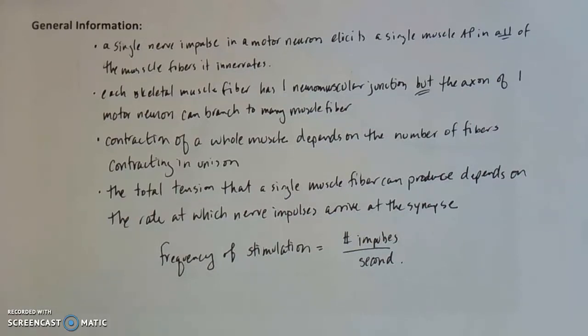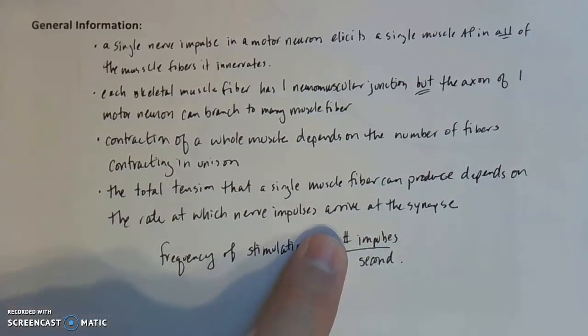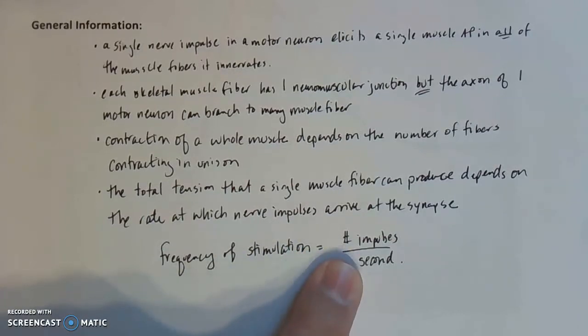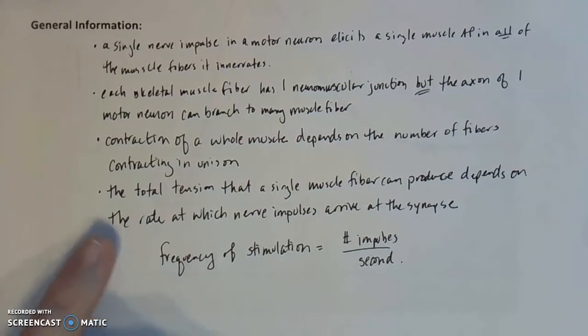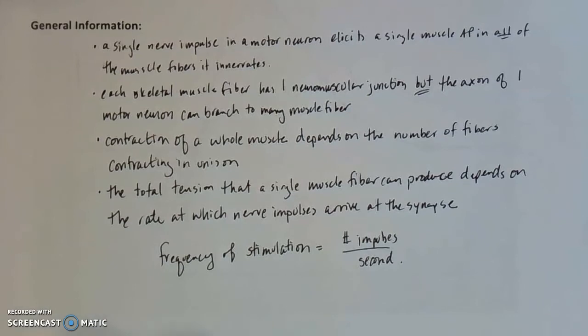And we know that the frequency is related to how many impulses per second, which is regulated by the absolute refractory period. So there is a maximum tension that can be elicited in a muscle based on the nerve impulses that are arriving. So it can only contract at a certain tension based on that.